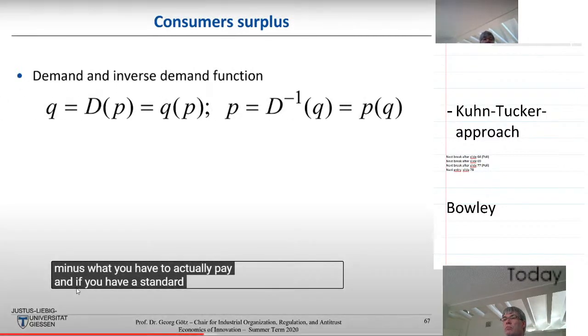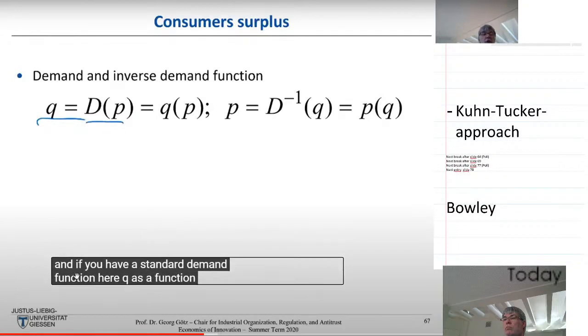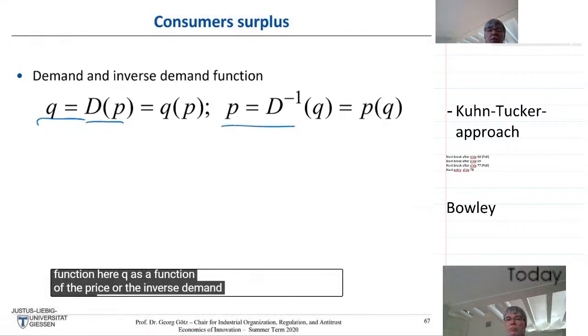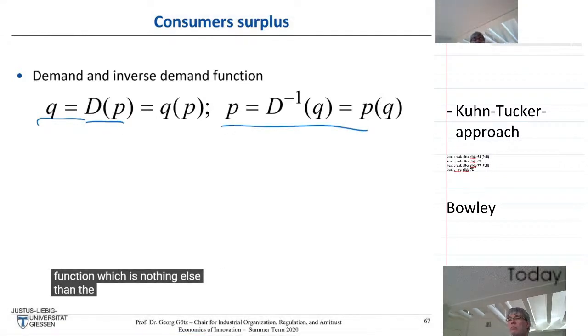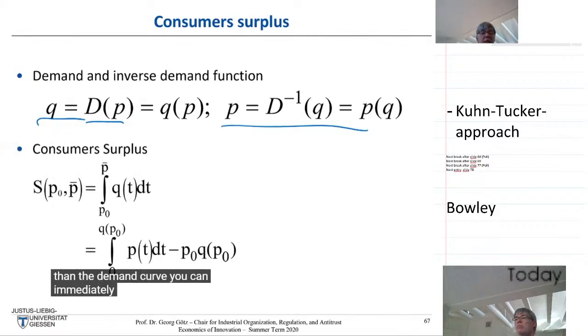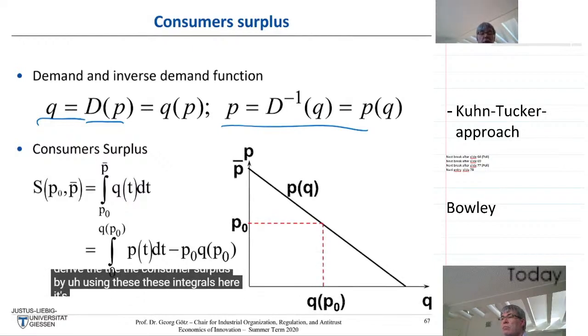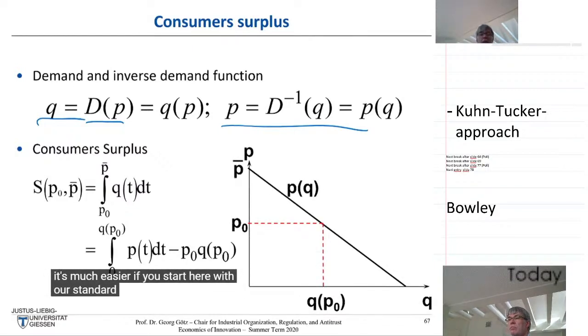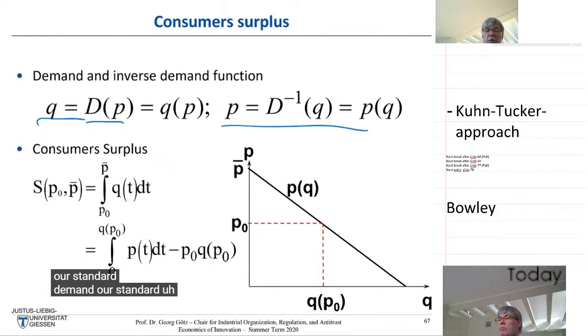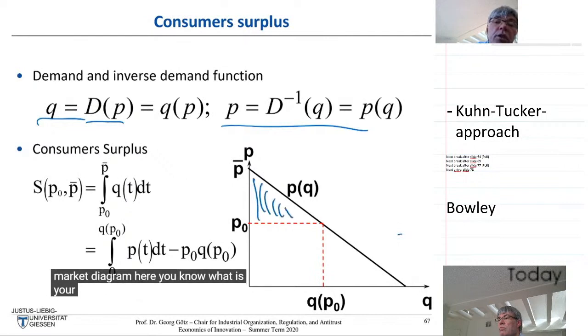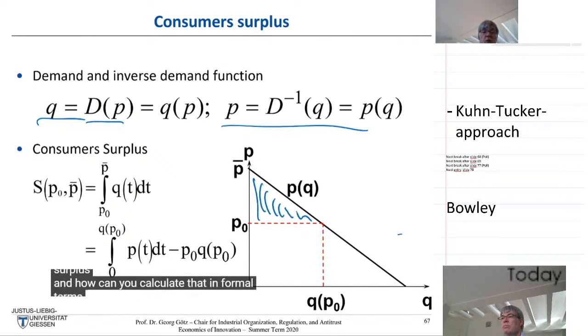If you have a standard demand function, Q as a function of the price, or the inverse demand function, you can immediately derive the consumer surplus by using these integrals. It's much easier if you start with our standard market diagram. Here you know what your consumer surplus is. This is consumer surplus. And how can you calculate that in formal terms?